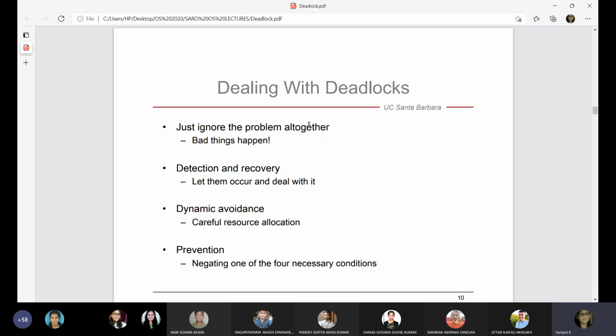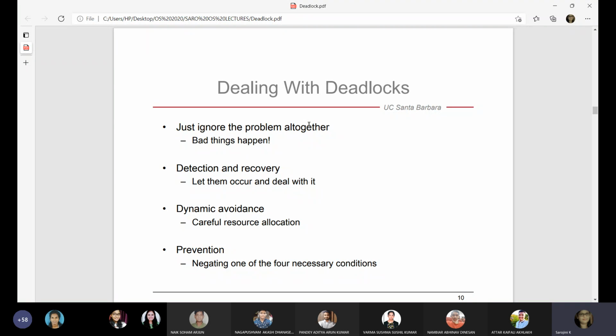The first one, let it come, is on the head of the user, who has to shut down the system to release everything. In the second one, the deadlock will occur very rarely, but the system has an algorithm to detect and recover from it.